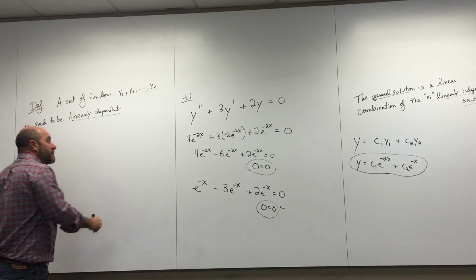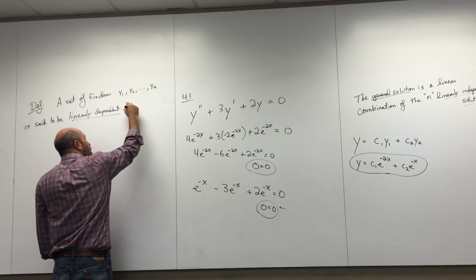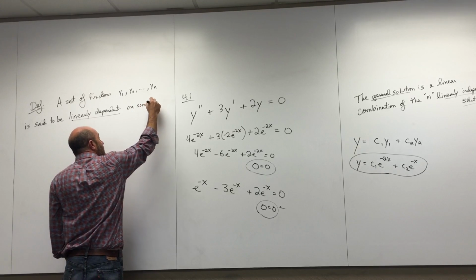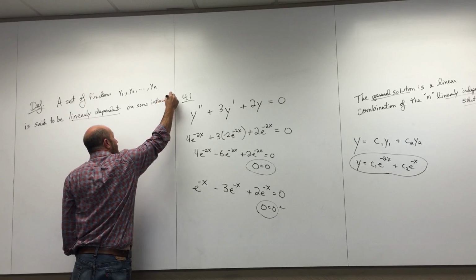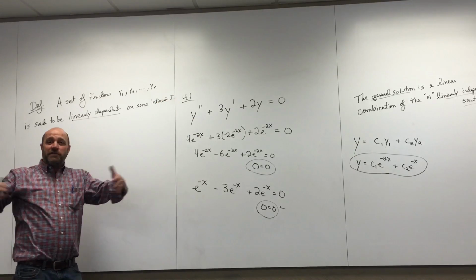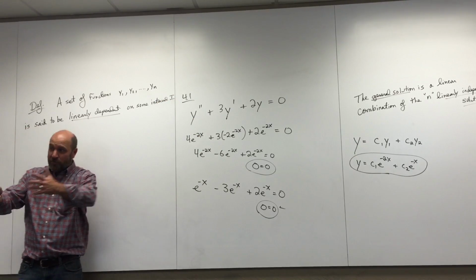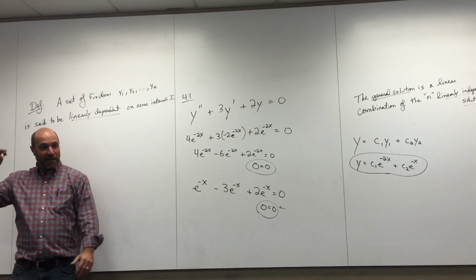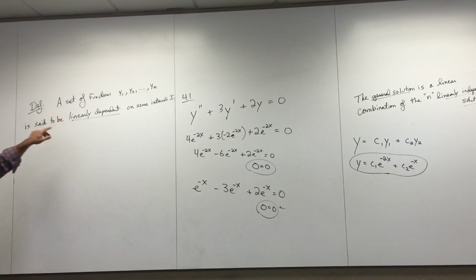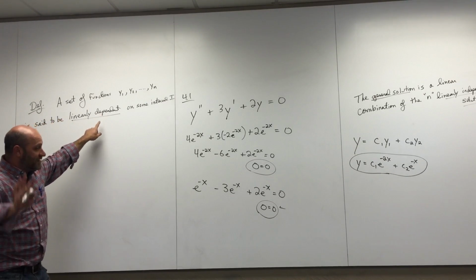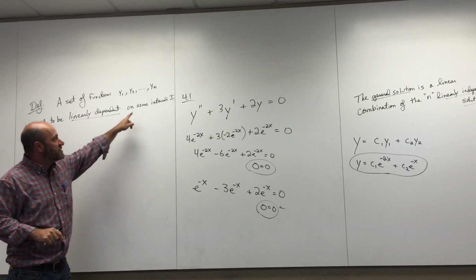That's what we're defining. On some interval I. You know what I mean by an interval, right? Maybe negative infinity to infinity, maybe 0 to infinity, maybe negative 5 to 5, some interval. A set of functions is said to be linearly dependent on some interval I.